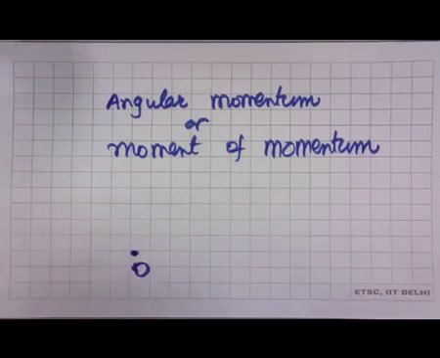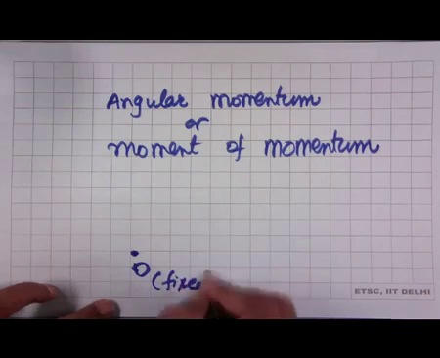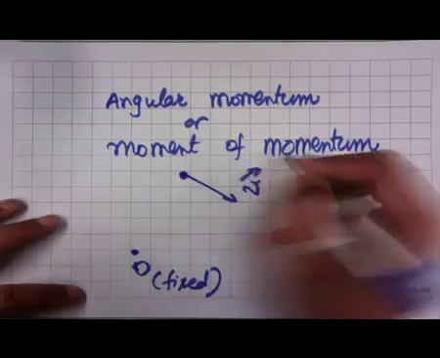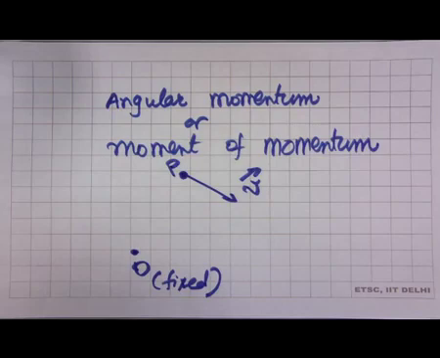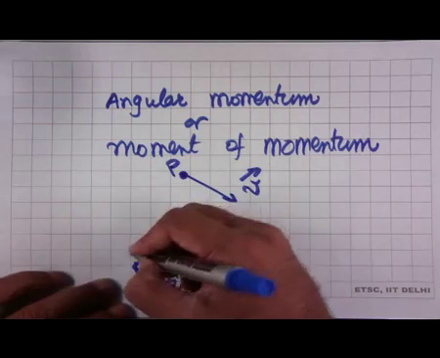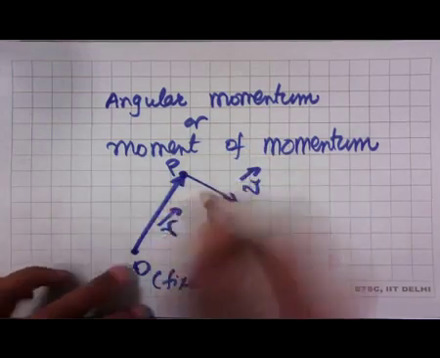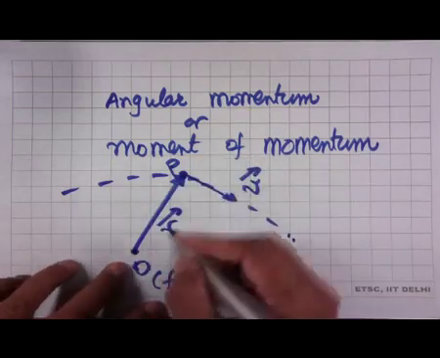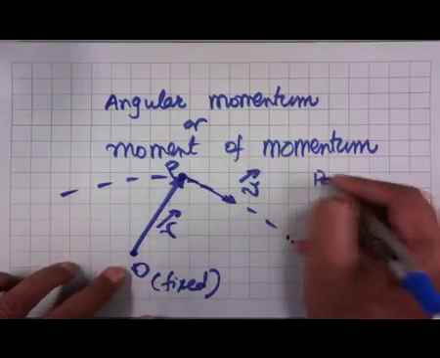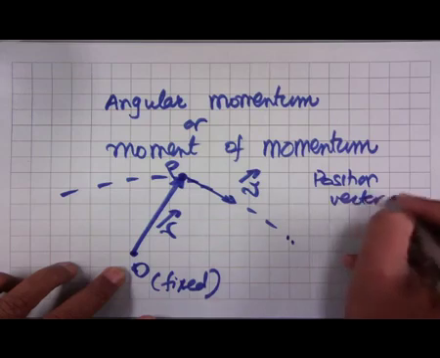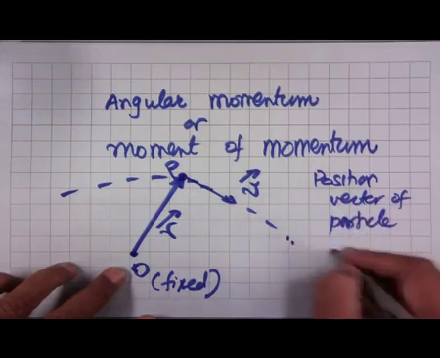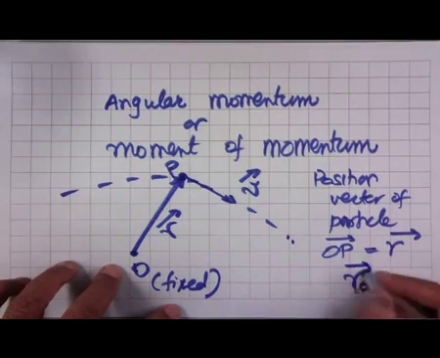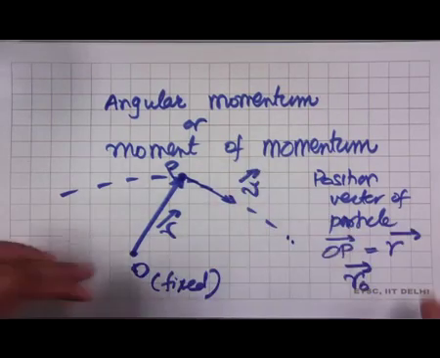If we have a point O which is fixed, and we have a particle moving with a velocity v at this position P. O is a fixed point, the particle is moving along some path, its current position is given by P. So the position vector of the particle, which we write as OP, and let us write it as r, or I could even call it r_O, which means it is r with respect to O, which is a fixed point.